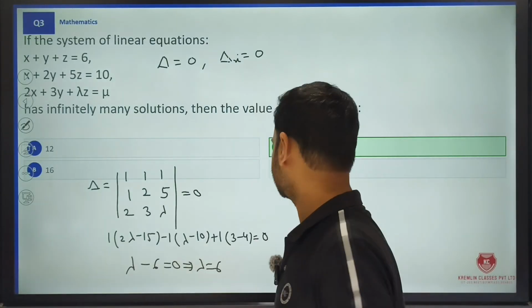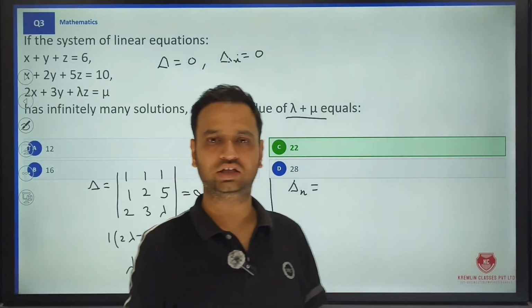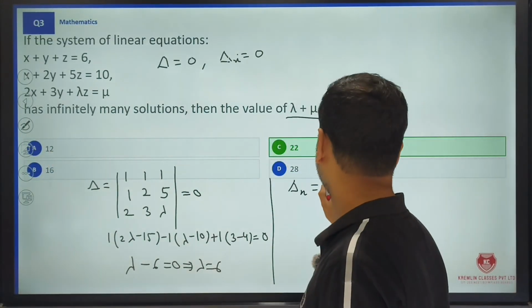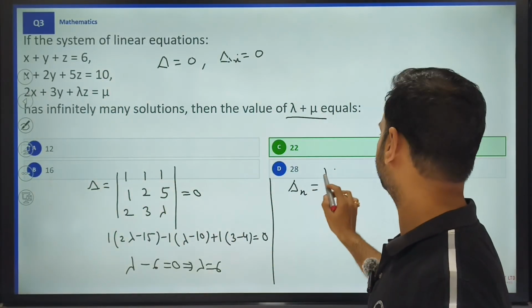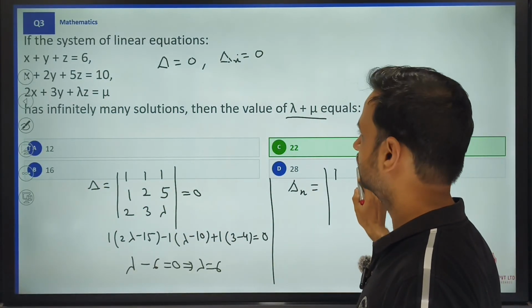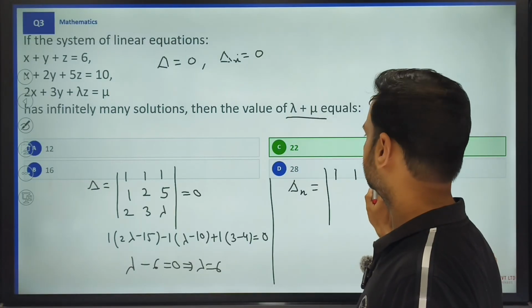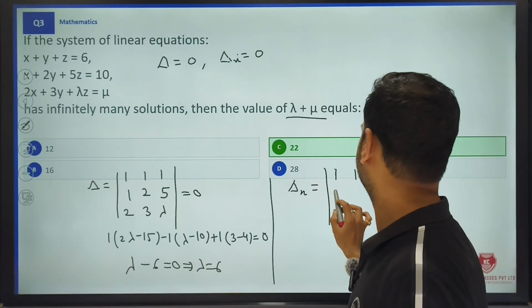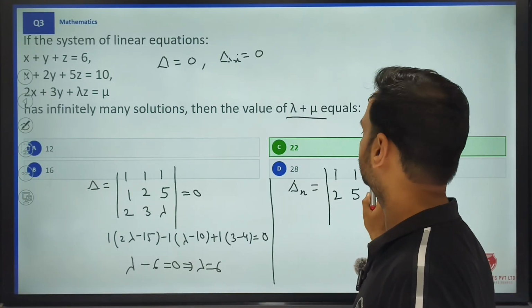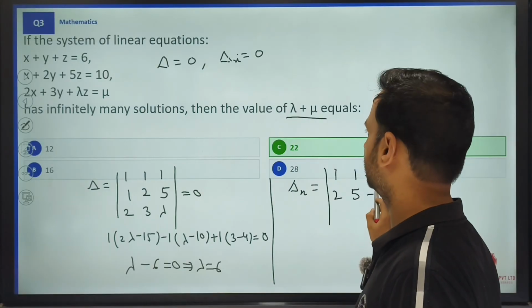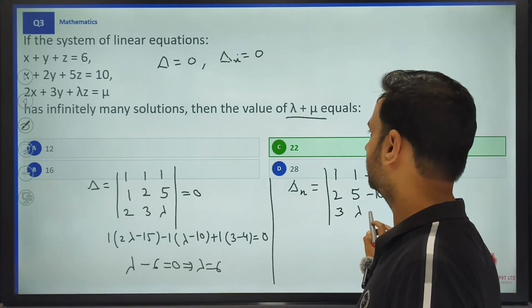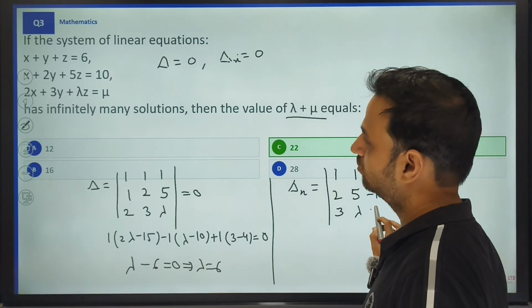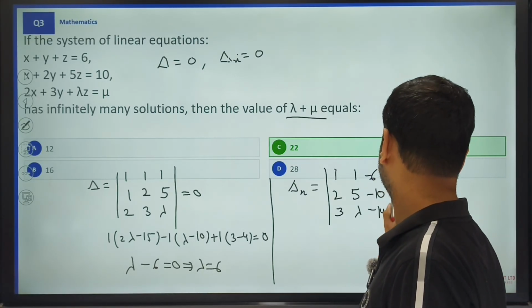Now let us go to delta x. Delta x will be what? We have to replace the x coefficients with the constants: 1, 6, 2, 5, minus 6, minus 10 and 3, lambda, minus mu.